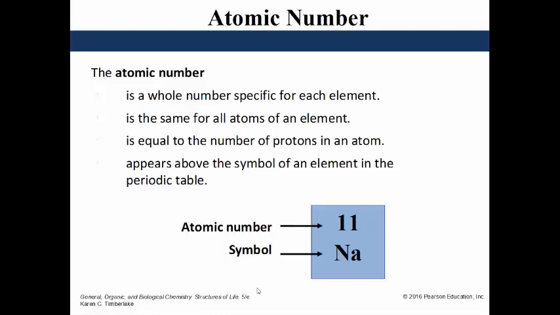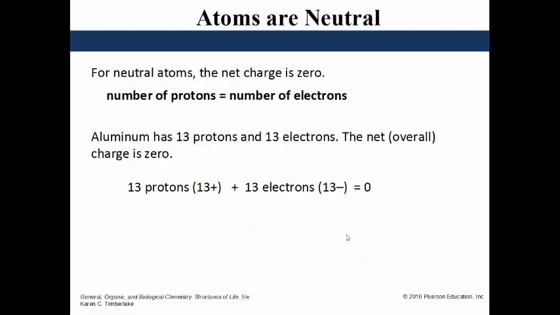So for the example that's given here, Na, the symbol for sodium, its atomic number is 11. That means right away, just by looking at this individual square, of the three particles that we talked about, you know how many protons there are and how many electrons there are in a neutral sodium atom. There'll be 11. For neutral atoms, the net charge will be 0. So the number of positively charged protons equals the number of negatively charged electrons.